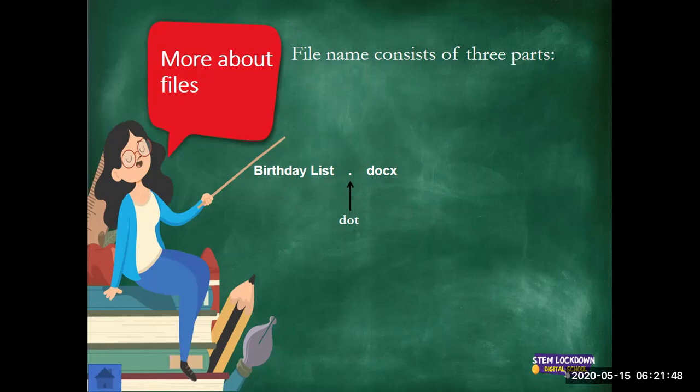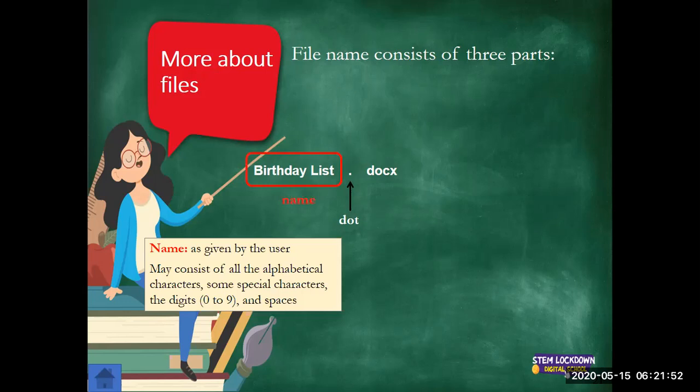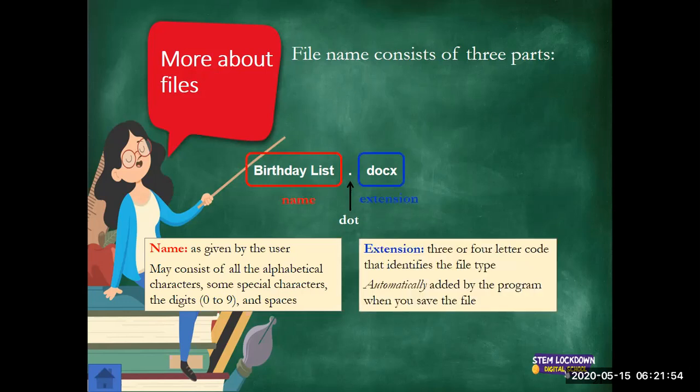More about the file. A file consists of 3 parts. So this is the name of the file, then the dot, which separates the name from the file extension, which denotes the type of program. The name is given by the user and may consist of any alphabetical characters, anything that you want to save it with.